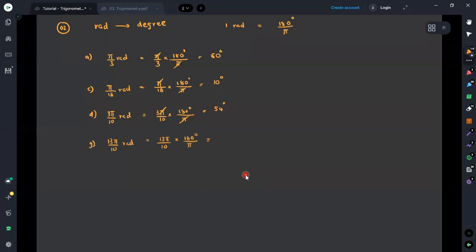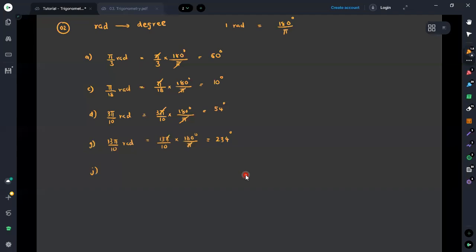Here also we can see that π will be cancelled out. Then the multiplication of 13 with 180 divided by 10 leads to the value as 234 degrees.